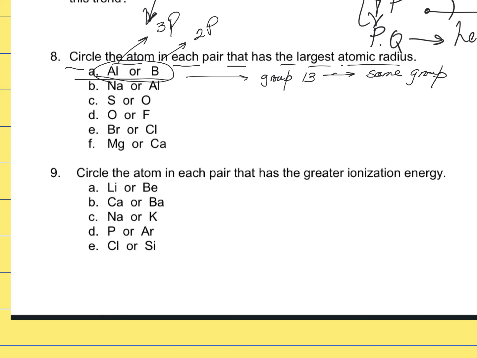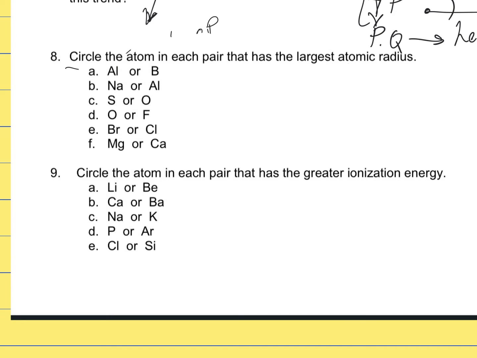And this is so simple because, analyzing atomic radius, as you're going down a group, is it going to increase or decrease? It's going to increase. Why is the atomic radius going to increase as you're going down? Because the levels of energy are increasing. So you have to circle the one that has the largest, because between boron and aluminum, aluminum is the biggest one.